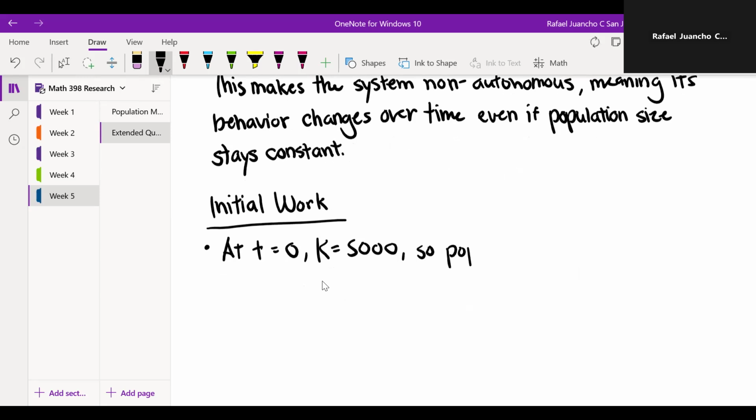And so my population behaves like a normal logistic model and grows, right? It's just a normal logistic model, and it's growing until it reaches that carrying capacity.